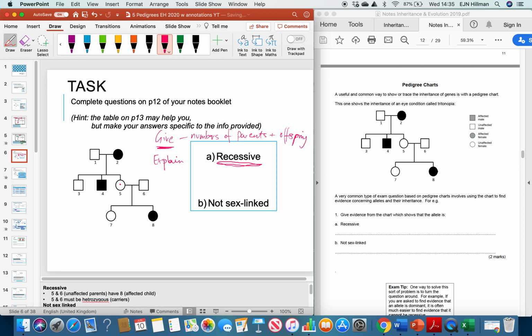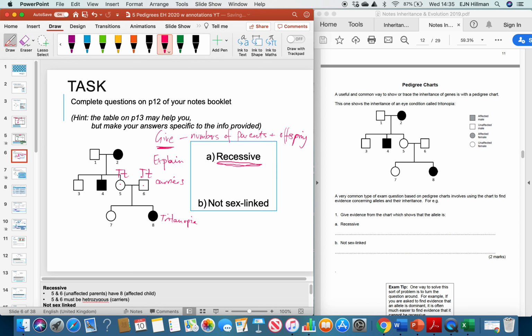Now we can see that 5 and 6 are both unaffected. They have normal colour vision. However, 8 has tritanopia. The only way that 8 can have tritanopia with 2 unaffected parents is if both of these parents are heterozygous. So if they're heterozygous, we can refer to them as carriers.